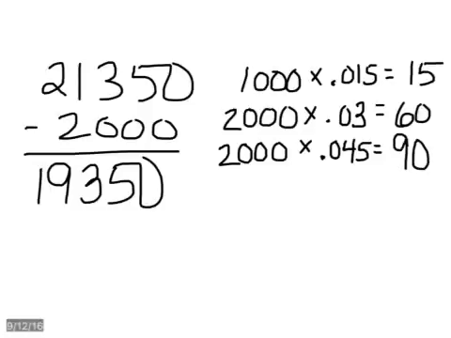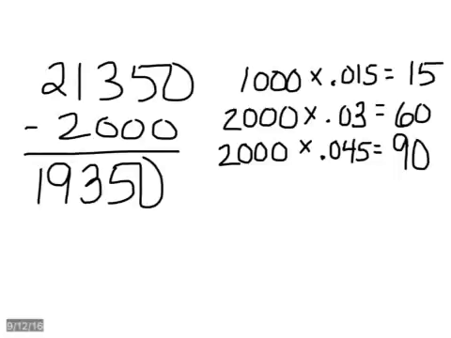Now here's where some of you were getting in trouble with the graduated commission. The next line says on anything above 5,000, it does not say 5,000 goes in there. Okay? Did Eddie make more than $5,000? Yeah. How much more than 5,000?